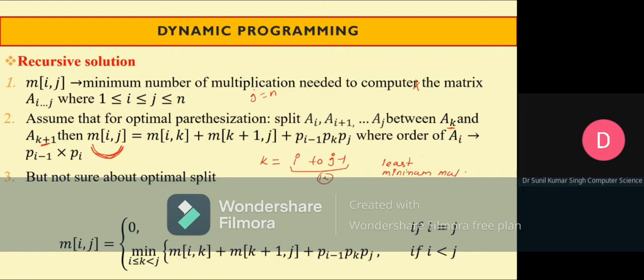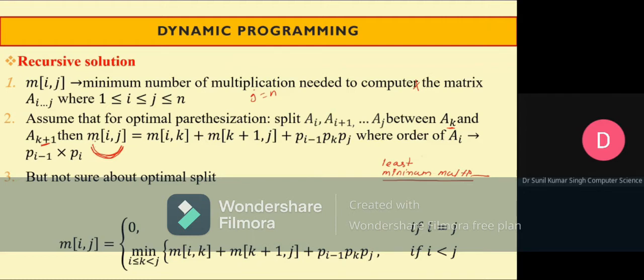We have to look for that particular k which is going to give the minimum number of multiplications. So look at here how these steps are represented.